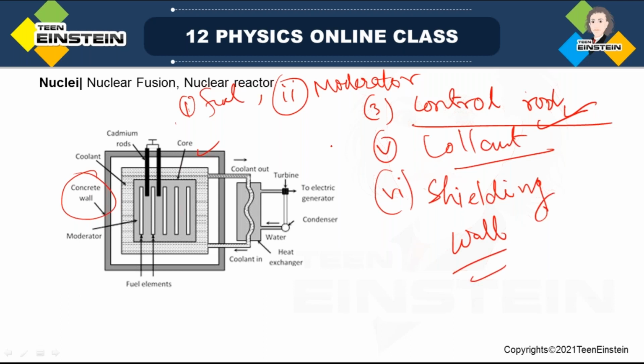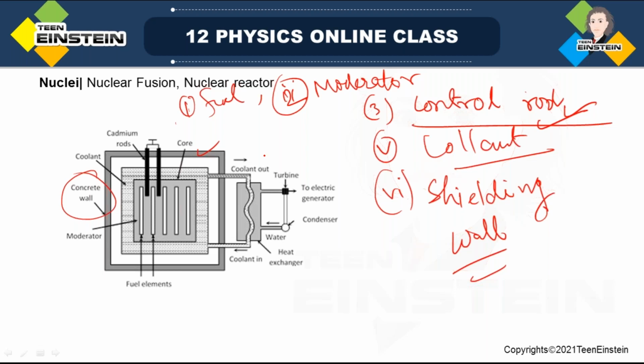So these are the few important points: fuel, moderator, control rod, coolant, shielding. You need to remember examples of each of them. Then you will be able to answer the questions.